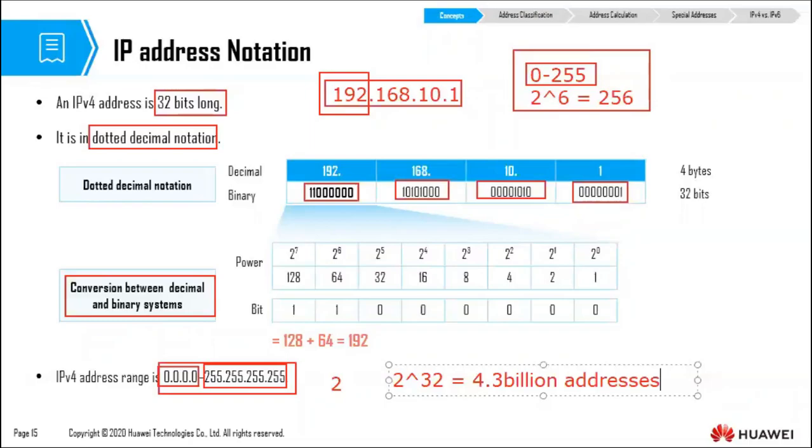But around 2011, IPv4 addresses were depleted because more people connected to the internet, especially because of the World Wide Web, and more people have devices. So right now, the world is transitioning from IPv4 to IPv6.